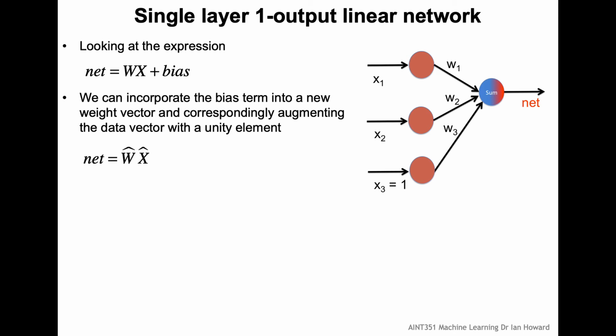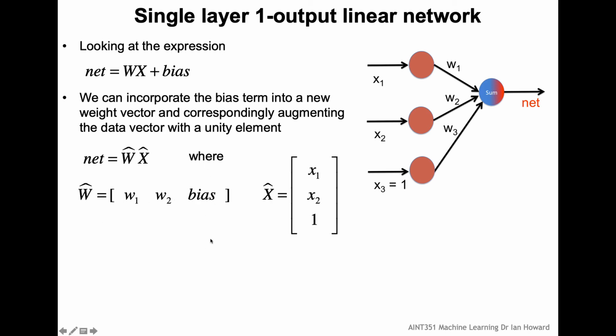So just like we did with linear regression, we can say, well, let's think about putting the bias into the weight vector, and then we'll do something to the data vector as well, so the calculation all still works. What we have to do is actually quite simple. We just append the bias again to the weight vector, so we just put it on basically in the last column.